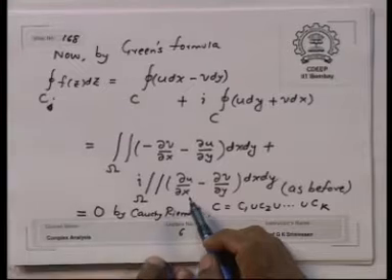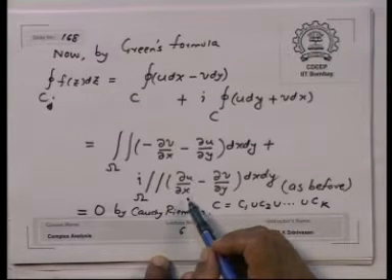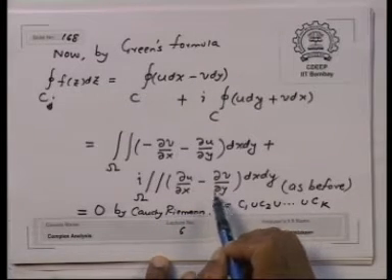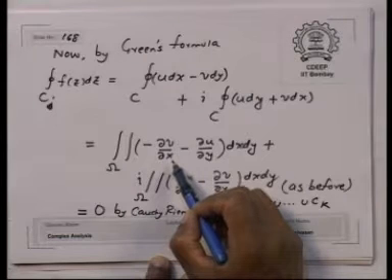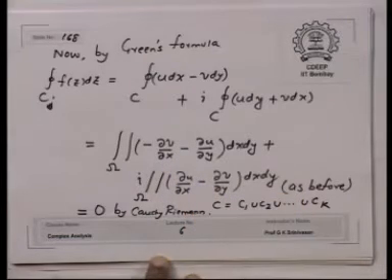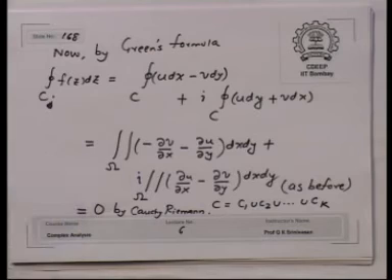What does the Cauchy-Riemann equation say? u sub x equals v sub y and u sub y equals minus v sub x. So each of these is 0. Each of these is 0. So the integral of f(z) dz over C is 0.